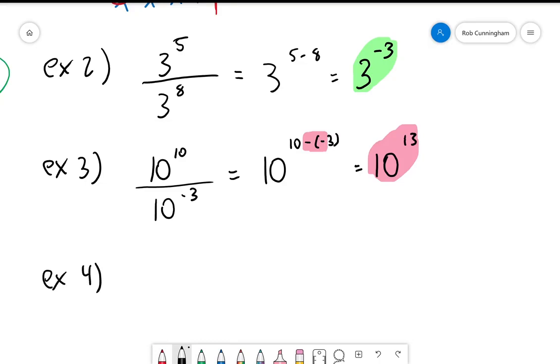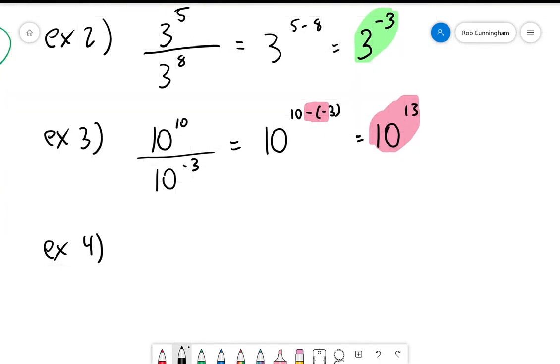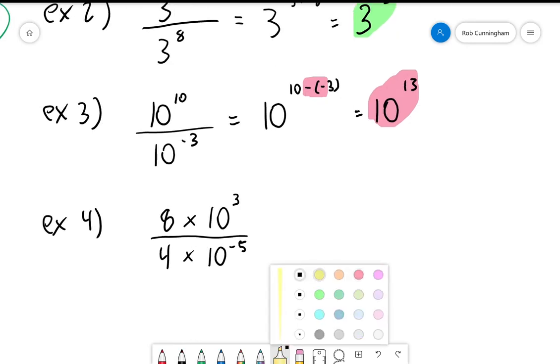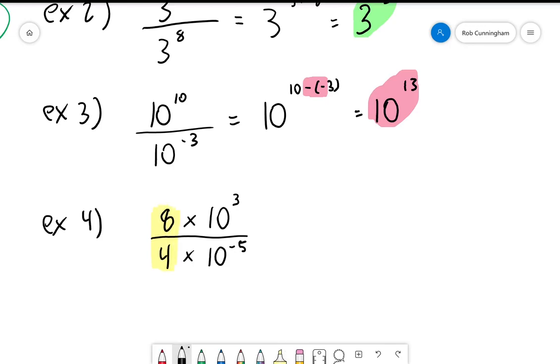Example 4. If I had something like 8 times 10 to the 3rd power divided by 4 times 10 to the negative 5th power, well, the normal numbers act just the way you know normal numbers act. 8 divided by 4 is 2. That still works the same ordinary way, right?